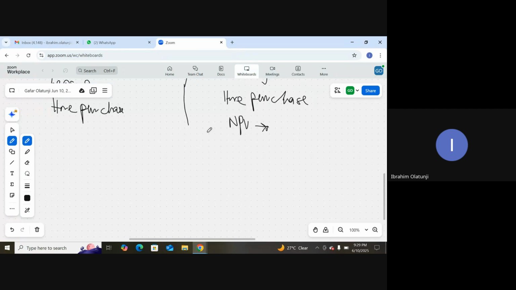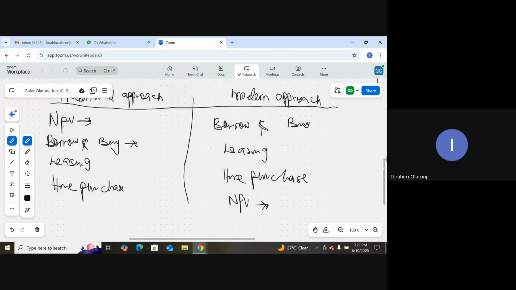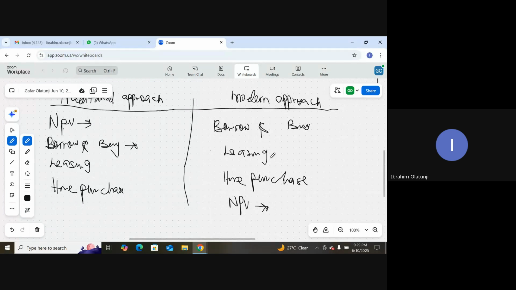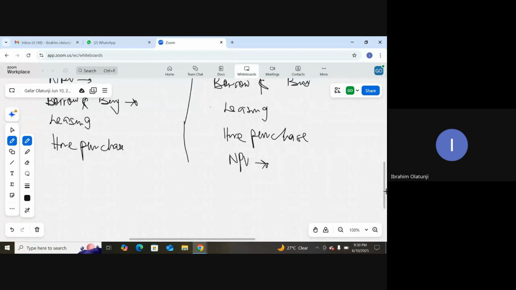So tonight, I'm not going to compute borrow and buy. I will not compute leasing. I will not compute hire purchase, because the way I did it under the traditional approach is the same way. So I'm going to start with NPV because it is only NPV that is different under the modern approach.